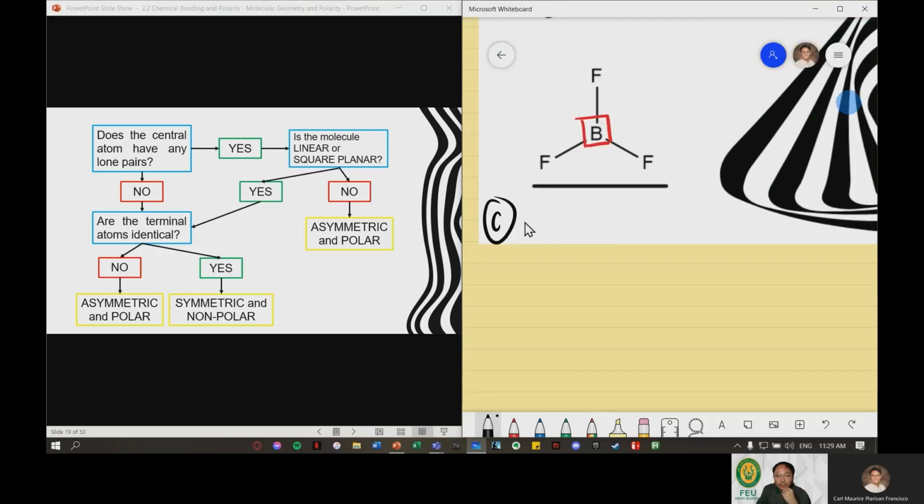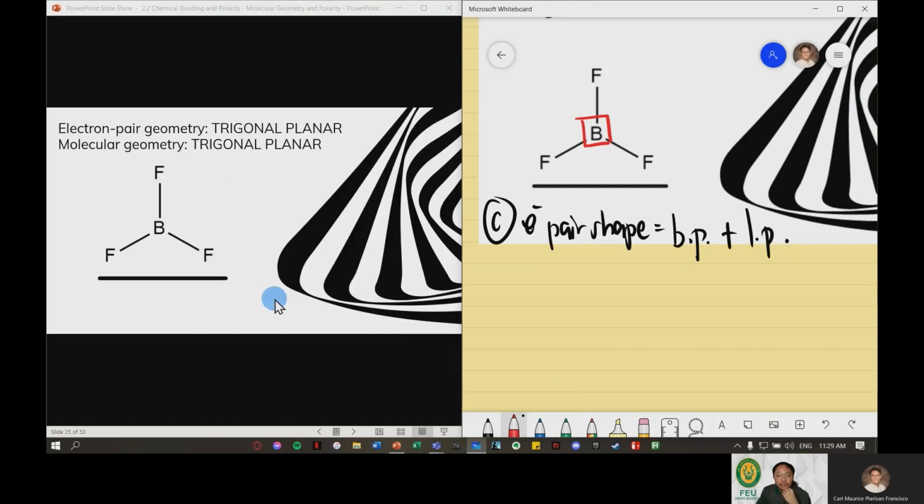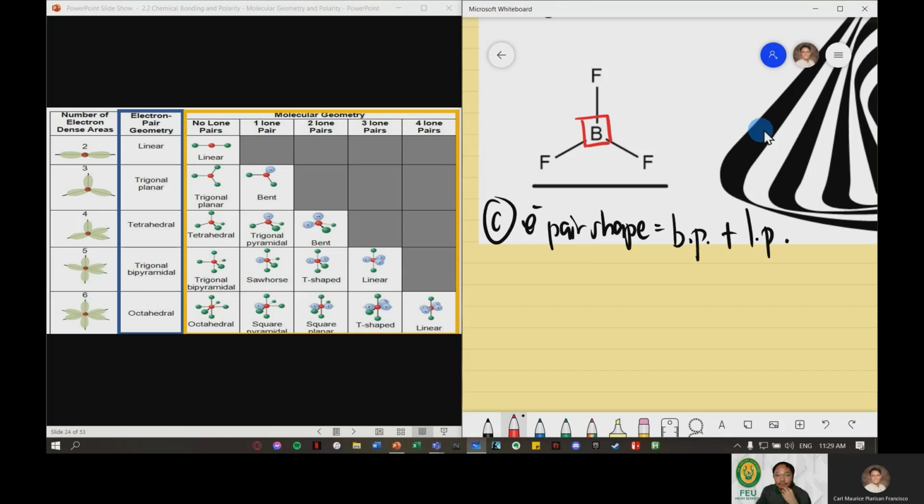The next identification would be electron pair shape. We remember that the electron pair shape is bound to be solved via bonding pair and lone pair number. Okay, so I will now proceed with this particular slide. The bonding pair of my central atom is 1, 2, 3.